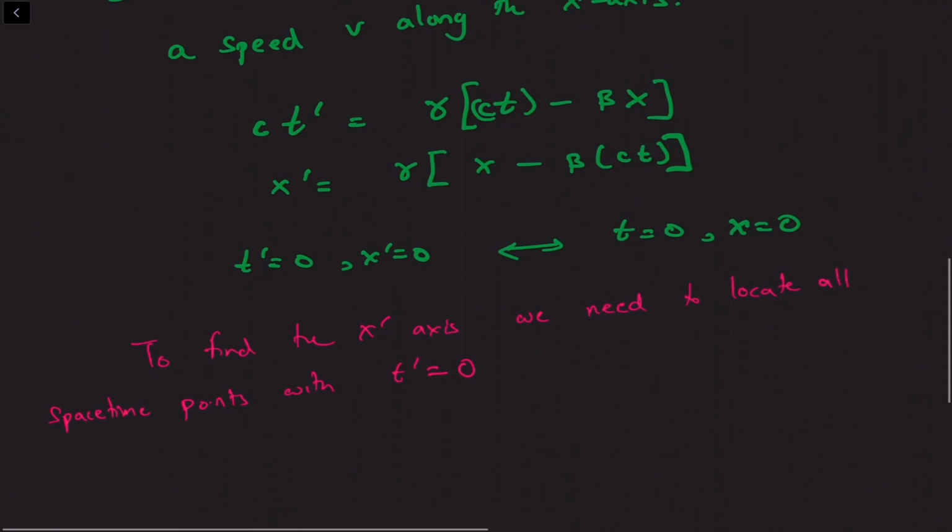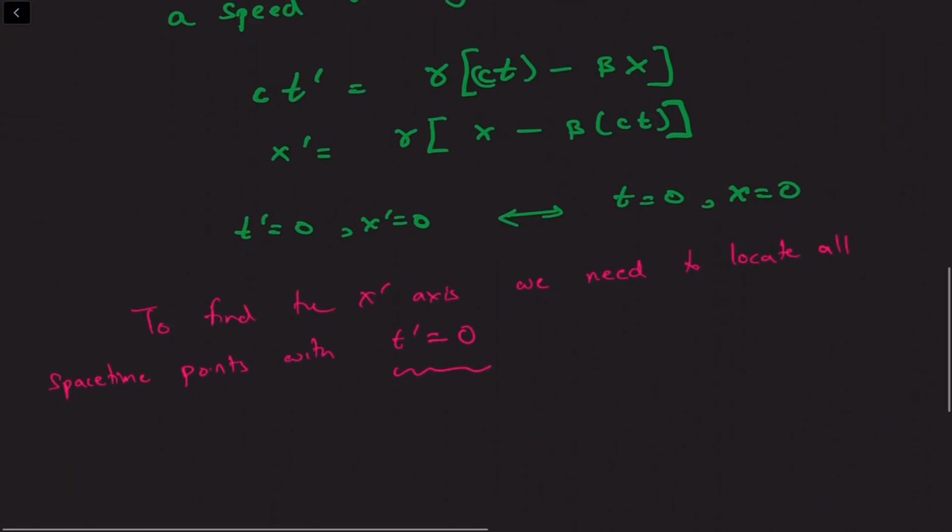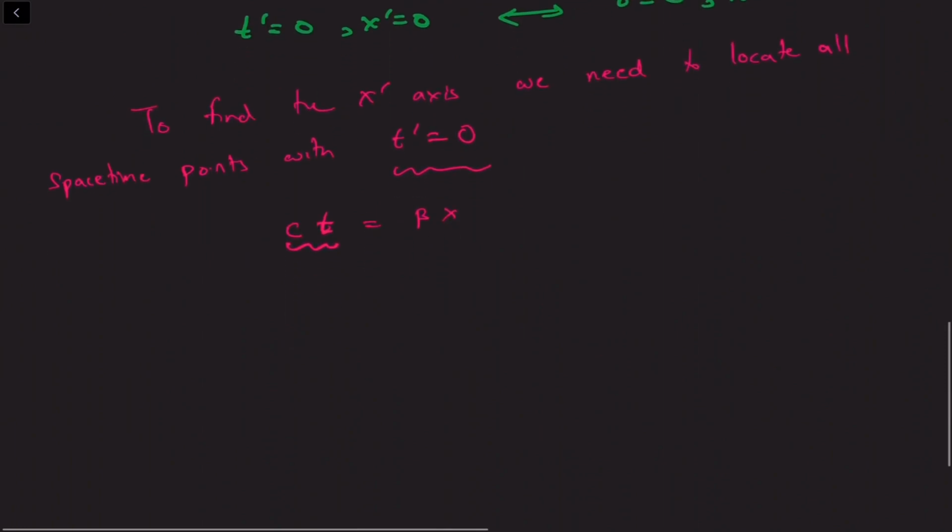So the points with t prime is 0 are the points where, if we just look at our equation, ct is equal to beta times x. And what this means is this is a line which passes through the origin, and it has slope beta.